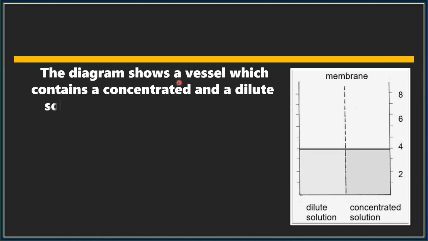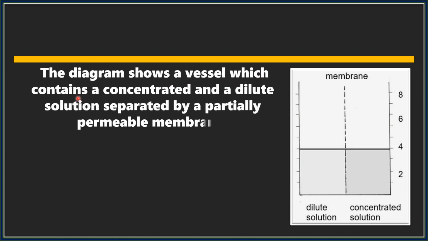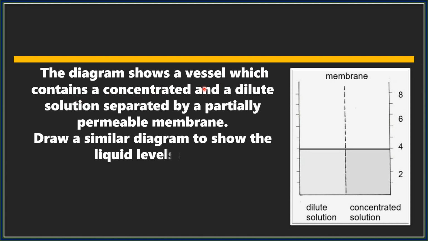The diagram shows a vessel which contains a concentrated and a dilute solution separated by a partially permeable membrane. Draw a similar diagram to show the liquid levels after an hour or two.